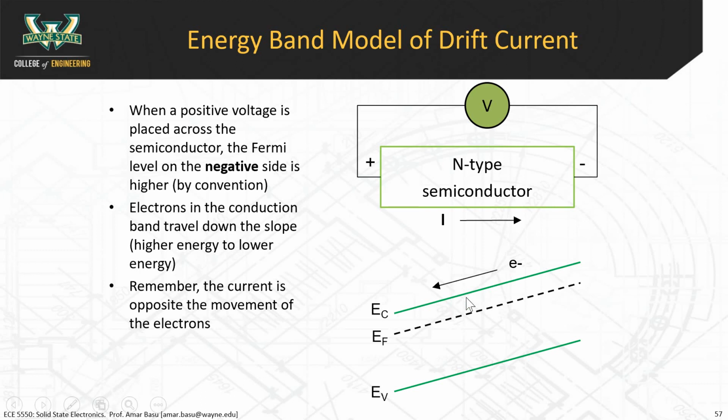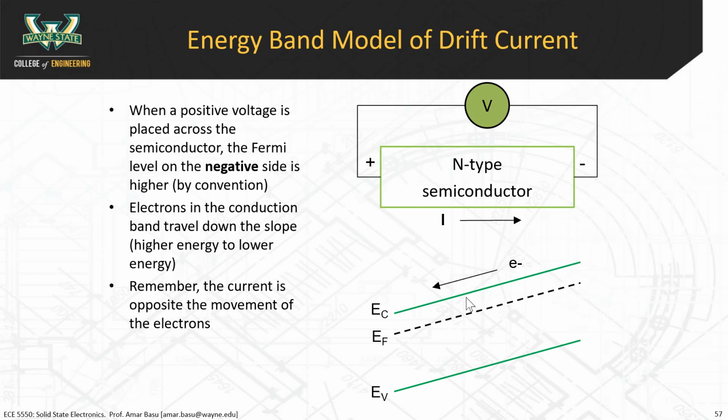As we do this, you're going to become more and more familiar with energy band diagrams, and you're going to have a set of rules in your head on how energy band diagrams work. One of the first rules you can try to remember about energy band diagrams, well, you already have a few. You draw EC, EV, and then the position of EF tells you the doping level, right? So that's one thing you know already about energy band diagrams.